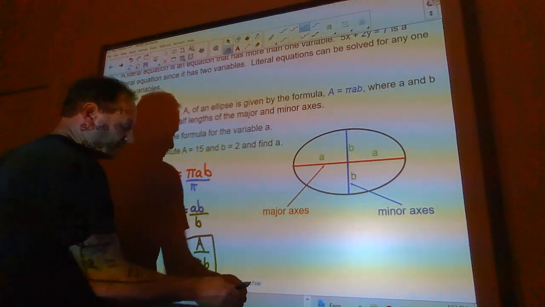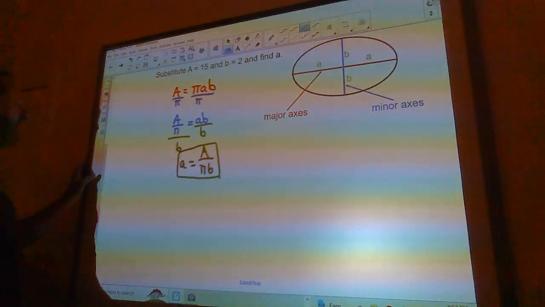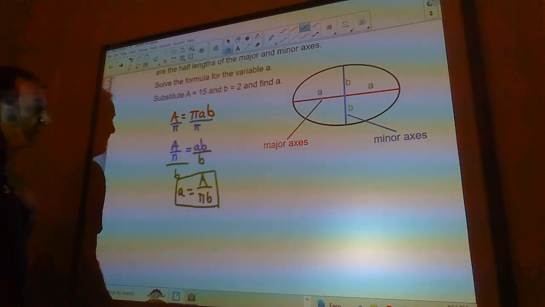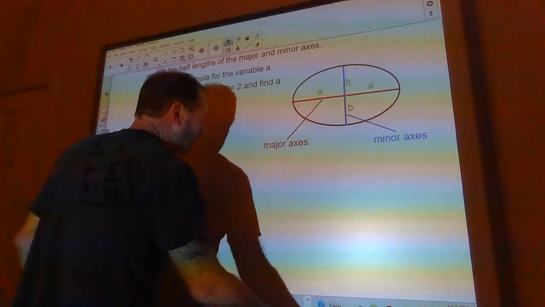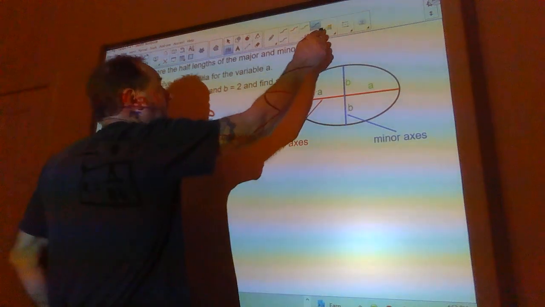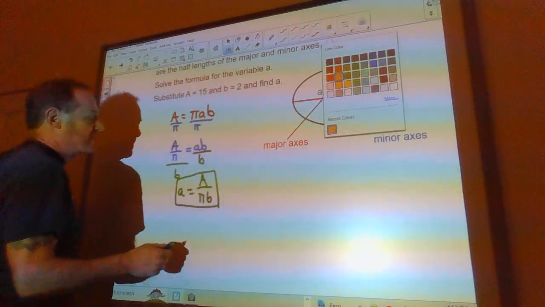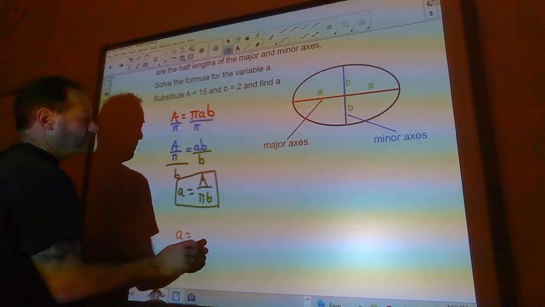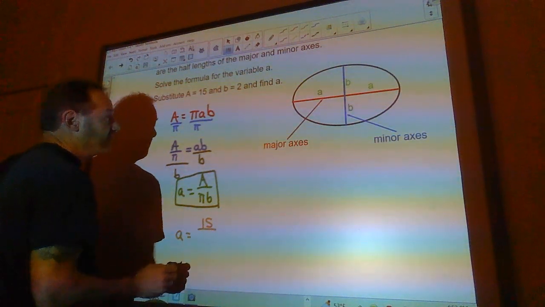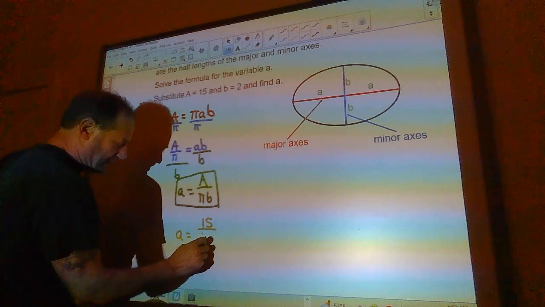So the next thing we got to do is we know that capital A is 15 and b is 2, so we got to find a. So what we're going to do is substitute those into the equation. So little a is going to equal 15 divided by 2 pi.